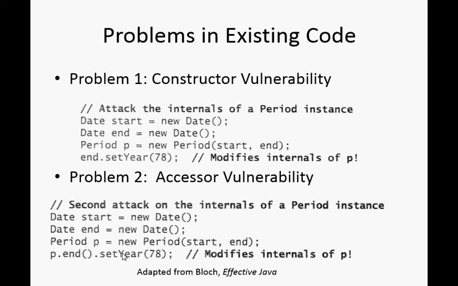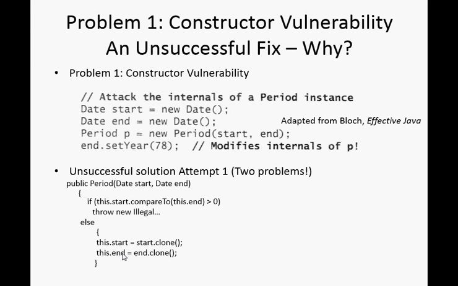Alternatively, you could get the end and you could set it, right? So either way, you've got some vulnerabilities. So what are we going to do about this? So one way is you could pass in strings. That actually would work, but it might be kind of cumbersome. But it could be done.